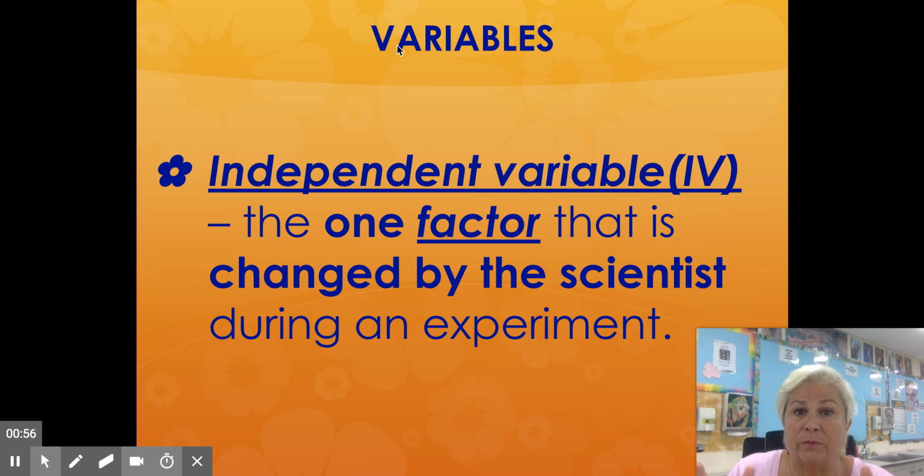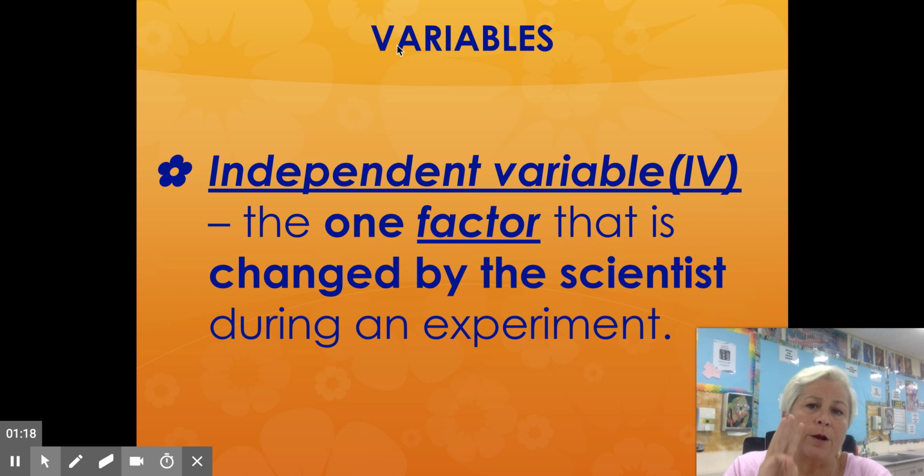Variety, you guys know what variety is, like you have a lot of different choices. So we call them variables, but variables are actually factors or parts of your experiment that are the effect or the cause of something happening in your experiment.